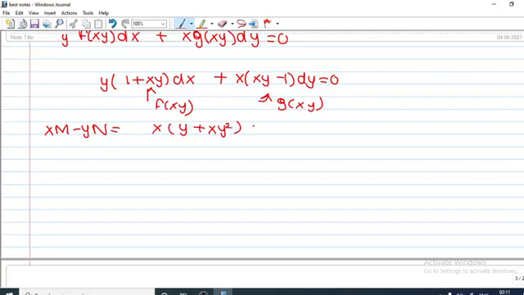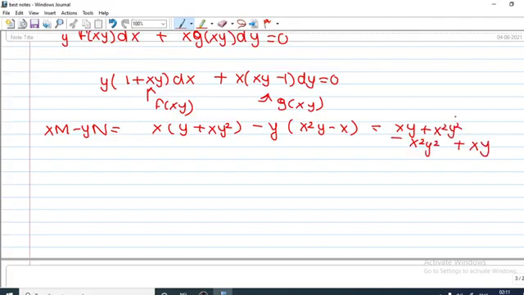The M value we have substituted, and the N value. If we solve, these terms will cancel out, and 2xy will be left, which is not equal to 0, which we needed to prove in the second type also, and here also we have to show that it is not equal to 0.